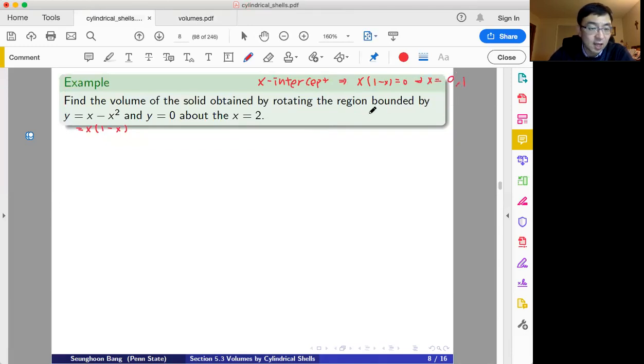We have 2 x-intercepts. So what is the graph like? The graph is a parabola. The coefficient of x squared is a negative number. What does it mean? It opens down. So the graph is like this.